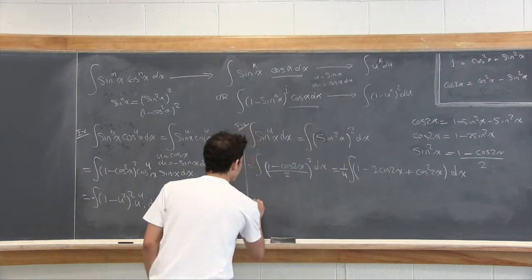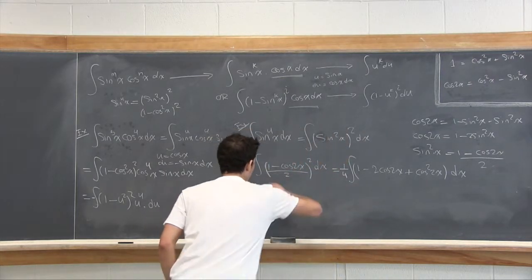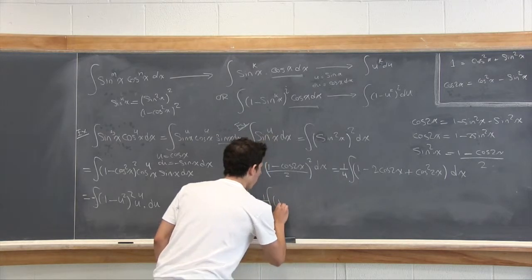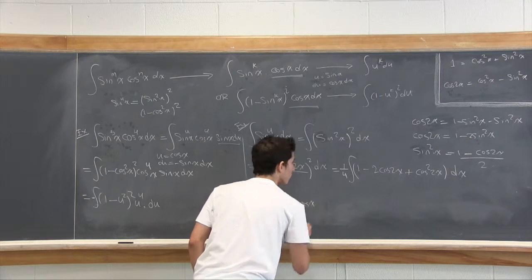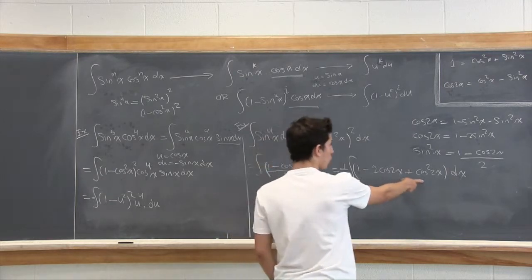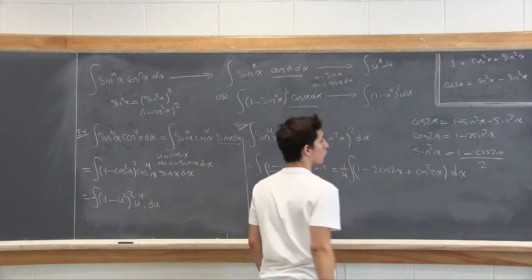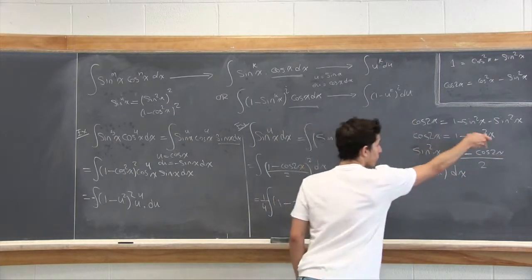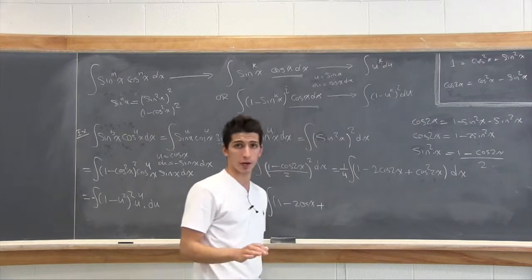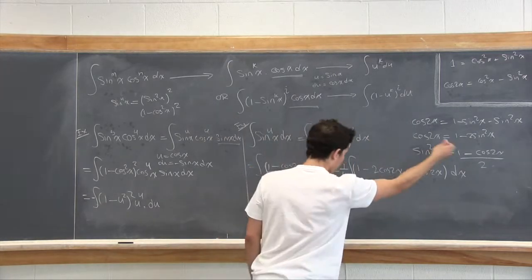So this is going to be 1/4 integral of 1 minus 2 cosine 2x plus, now instead of cosine squared 2x, I'm going to write (1 minus cosine 4x) over 2. And it's a 4 because there's already a 2 in there. Okay, so when I multiply by 2, I get a 4.